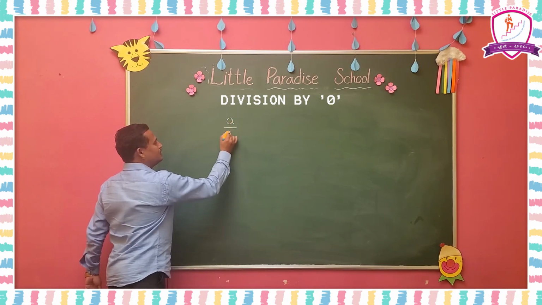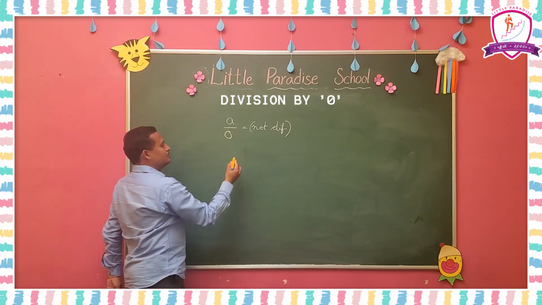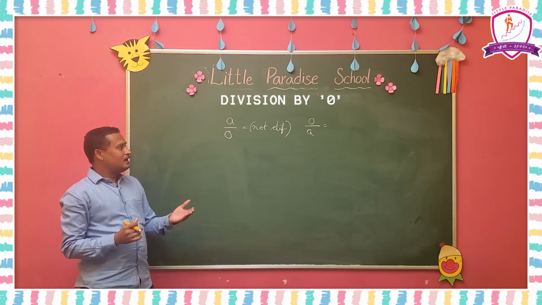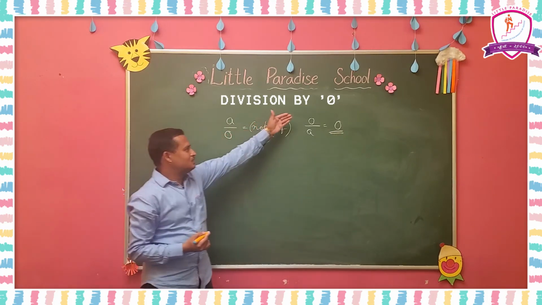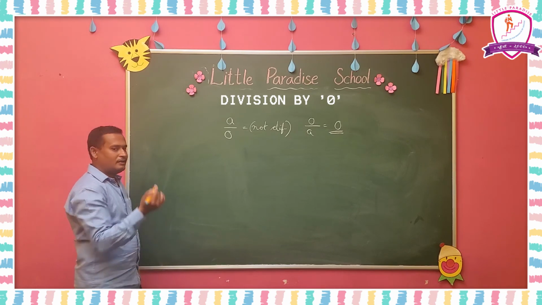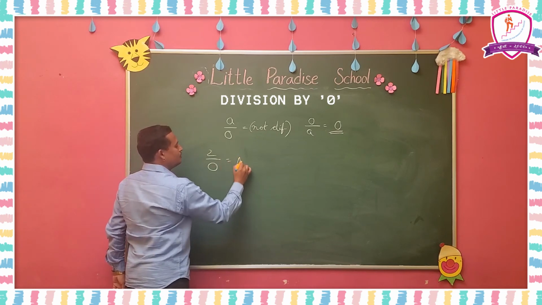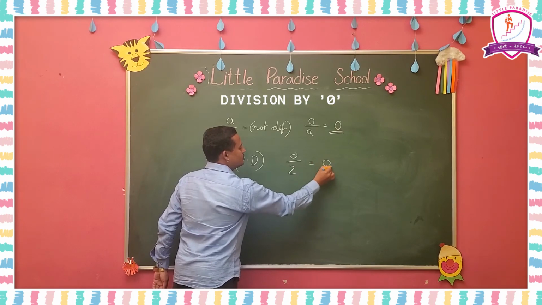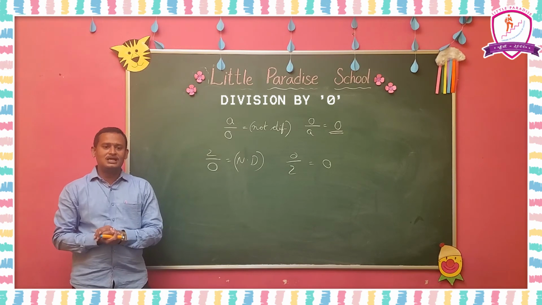I am going to explain with numbers: 2 by 0 is not defined, and 0 by 2 will become 0.